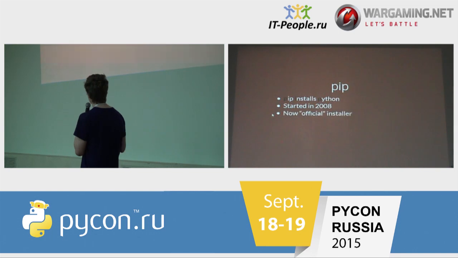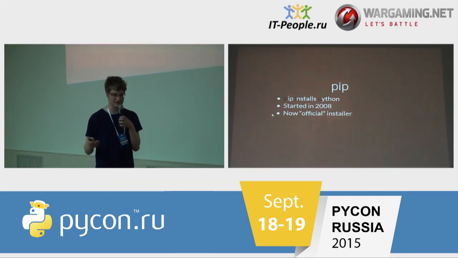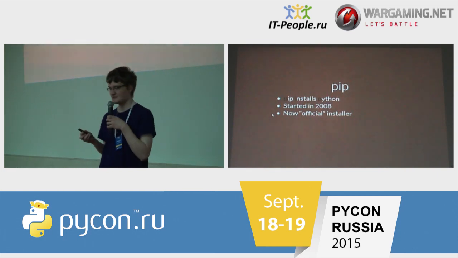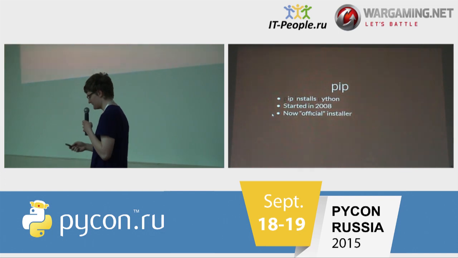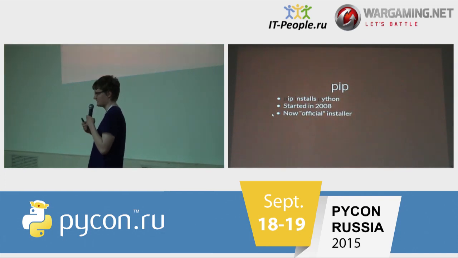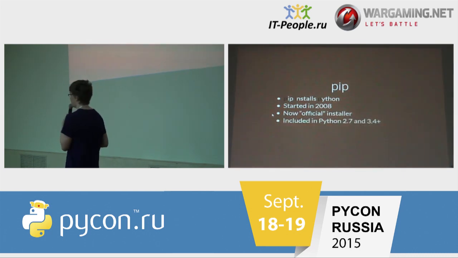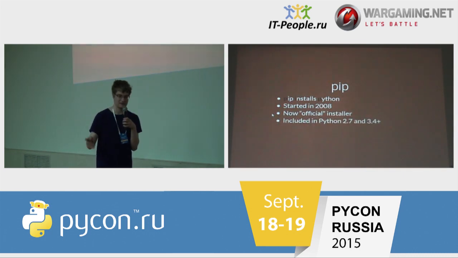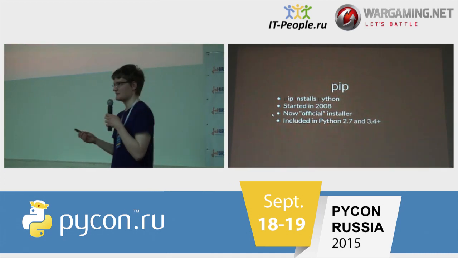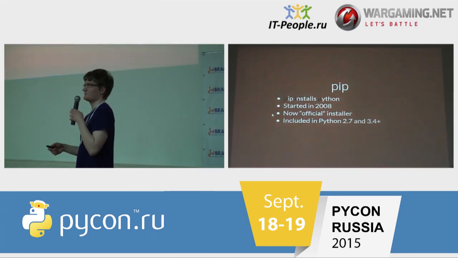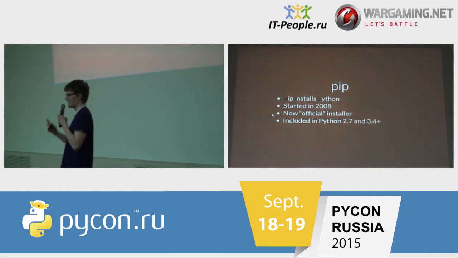And so it was kind of a little project of his for a while, but now pip is actually the official Python installer, and the main way that that is represented is that it's recommended by the documentation, and it's included with the CPython distribution in Python 2.7.7, I think, and also Python 3.4.